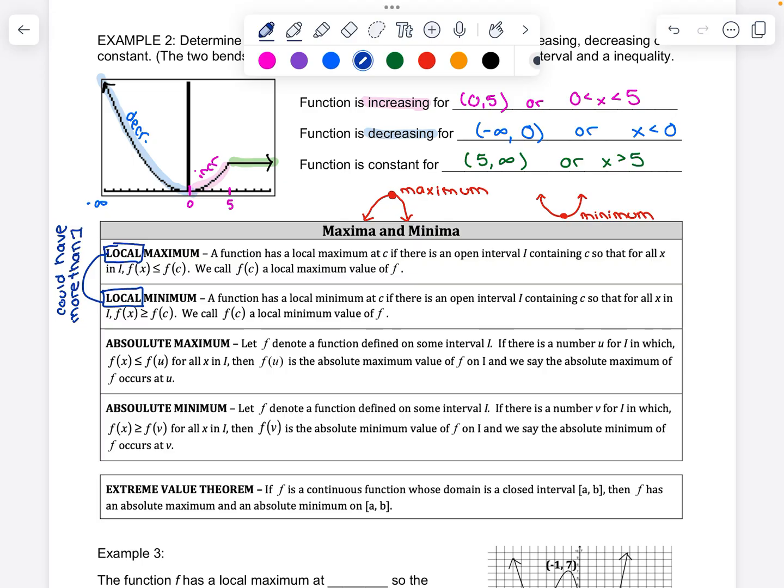When you see the word absolute, it's of the entire graph. So it could have at most one. So think of absolute monarchy. There's just one king or just one queen. So just one for absolute. Local can have many. Now you might be wondering with the U shape, how does that happen?